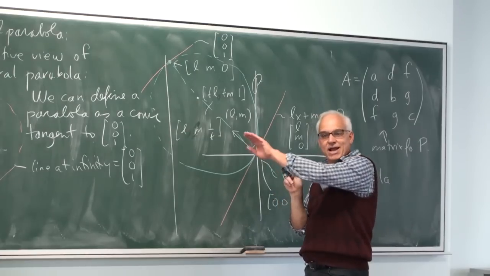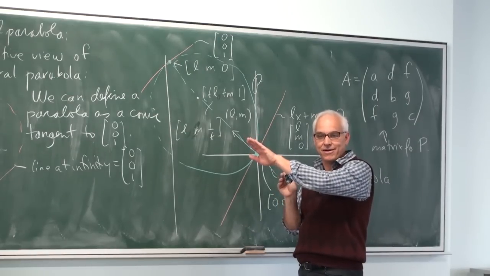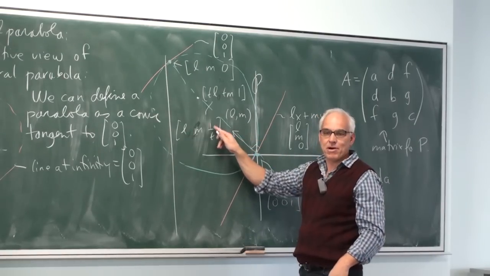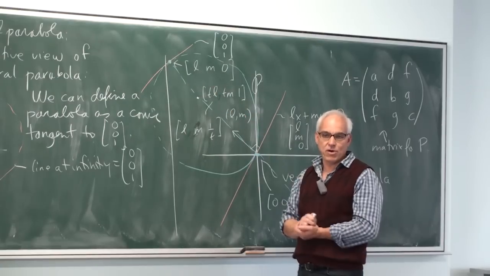Then if I think about what happens as T gets very big, this will approach 0, and we're moving towards the point at infinity.